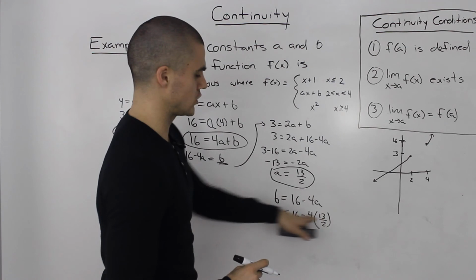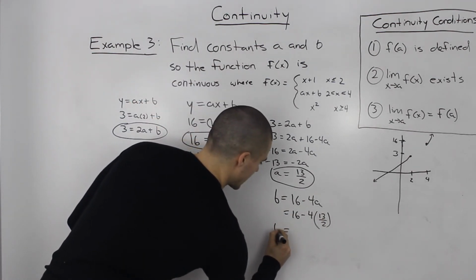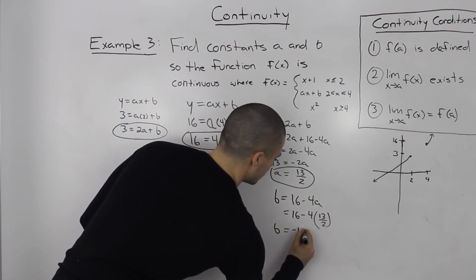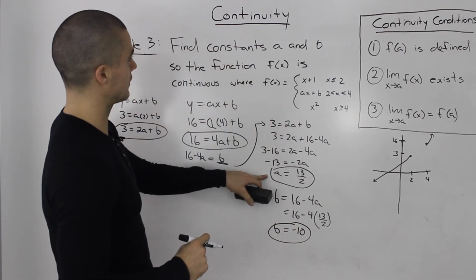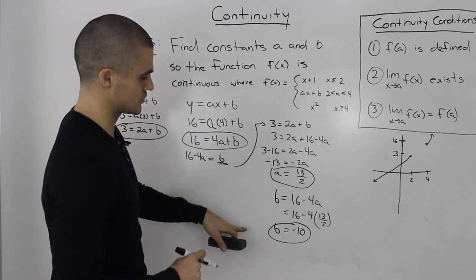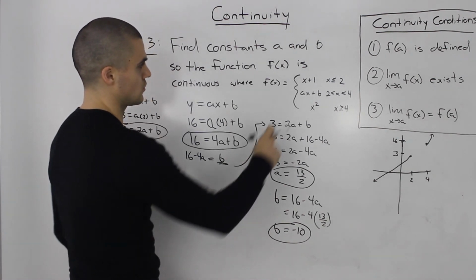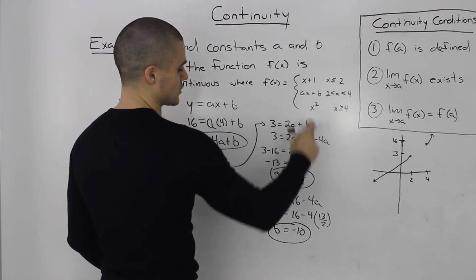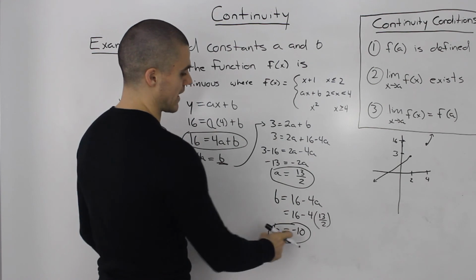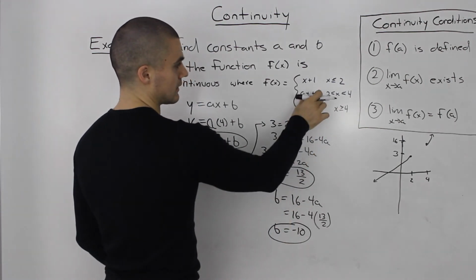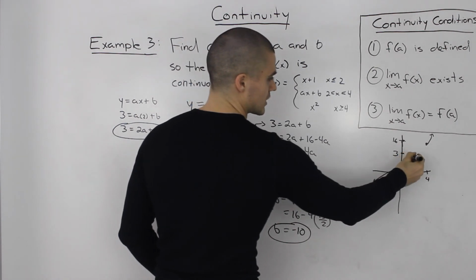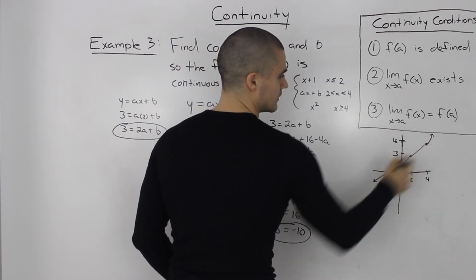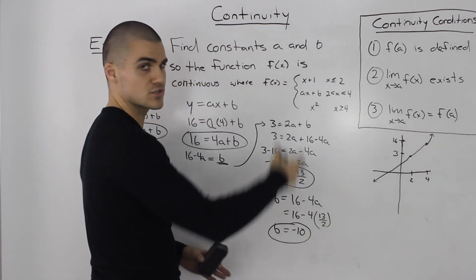And when you work this out, you should get a b value of negative 10. So our a value is 13 over 2, and our b value is negative 10. So our second piece here would be 13 over 2 x minus 10. And if that's what the second piece would be, then this function would be continuous. We would just have a line that joins those two ends.